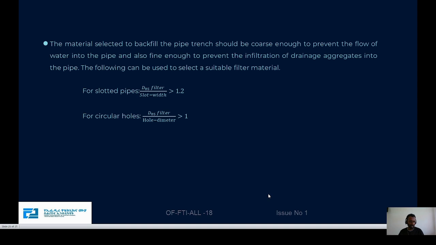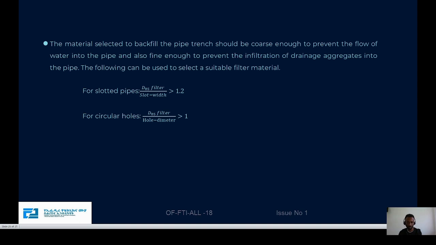In selecting the material for backfilling the pipes, it should be coarser than the hole diameter. For slotted pipes we use D85, meaning 85% passing, over the slot width, and for circular holes we also use D85, meaning 85% will be finer than the given sieve size, over the hole diameter, so the ratio is greater than 1.